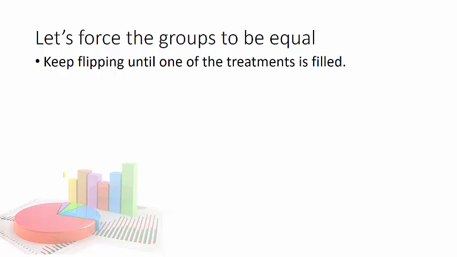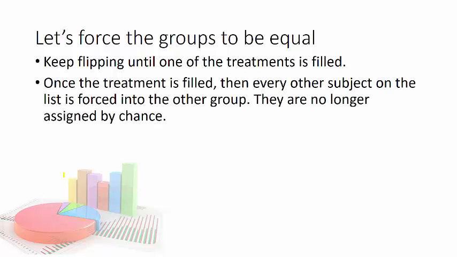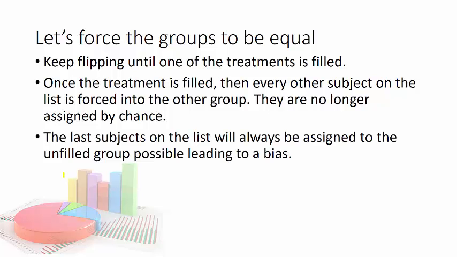Okay, we're in treatment 1 or treatment 2. And you keep flipping until one of the treatments is filled. Once the treatment is filled, then you're going to put everybody else in the other group. This means they are no longer assigned by chance. And the last subjects on the list will be assigned to the unfilled group, which could possibly lead to bias.